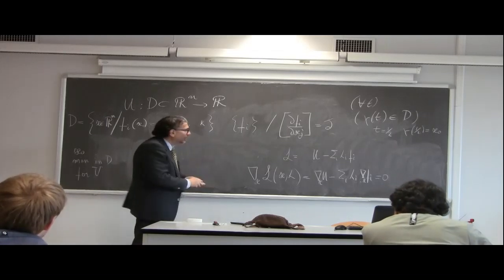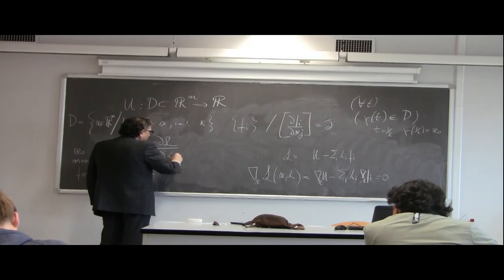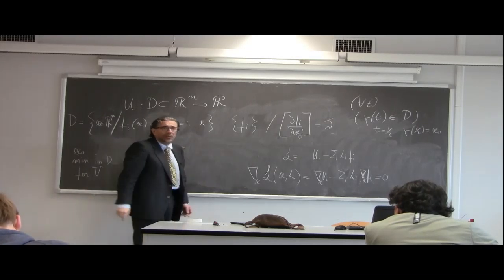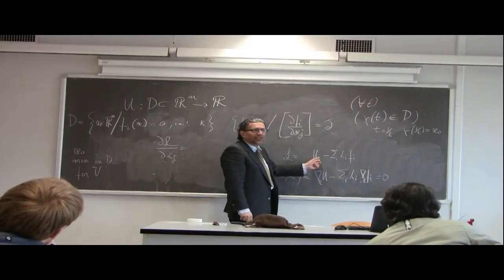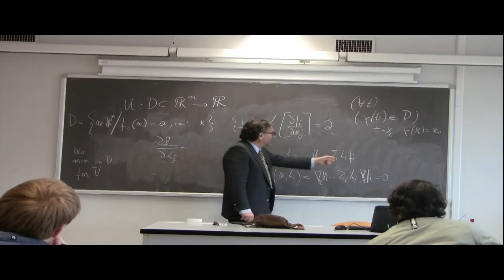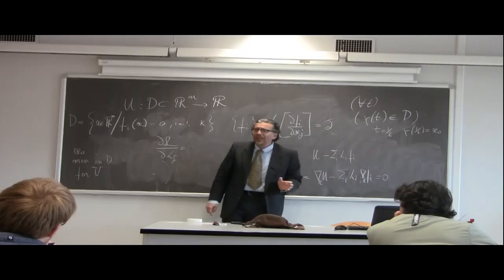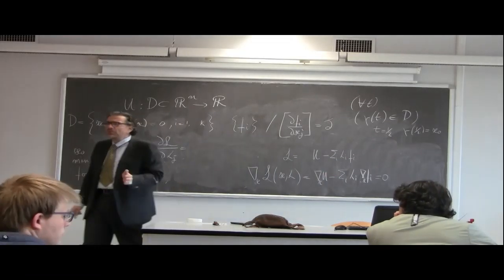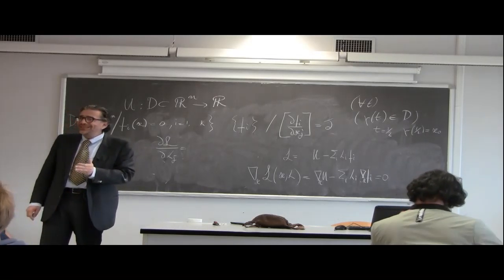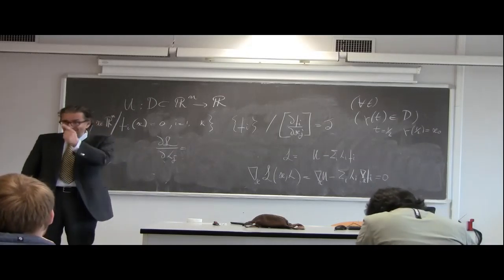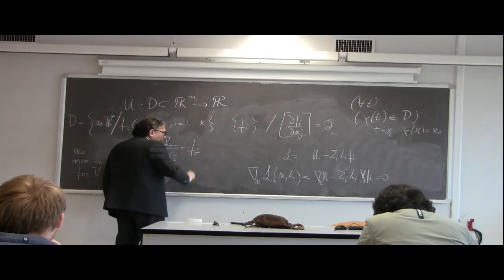Not only that, if I calculate dL over d lambda j, U is not depending on lambda. When i is different from j, the derivative of lambda i with respect to lambda j is 0. When i is exactly equal to j, you have 1. So at the end of the story, this is equal to fj.